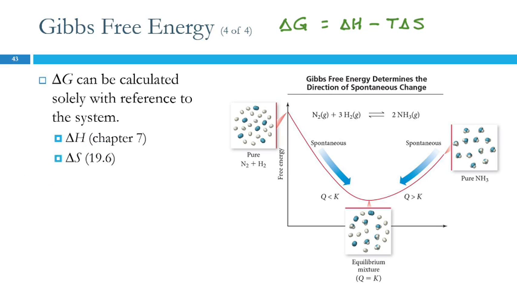We just covered that. And here we have a graph showing Gibbs free energy and how it determines the direction of spontaneous change. So here we have higher Gibbs free energy, lower Gibbs free energy, and this would be the reaction progress, going from reactants to products.